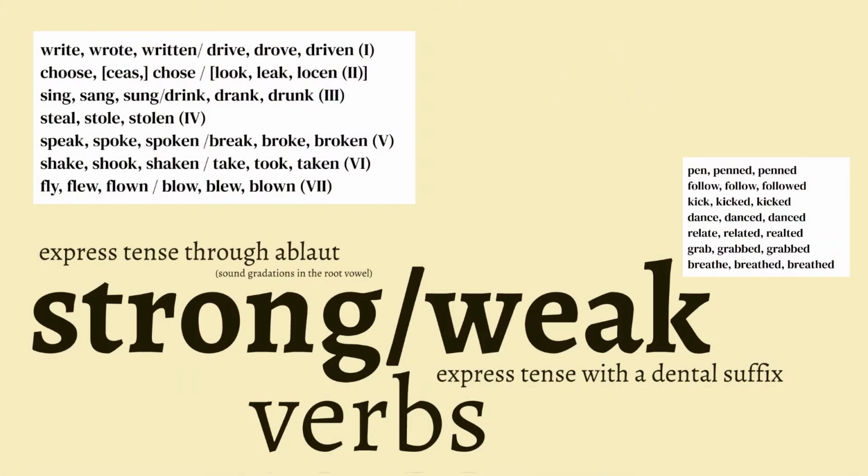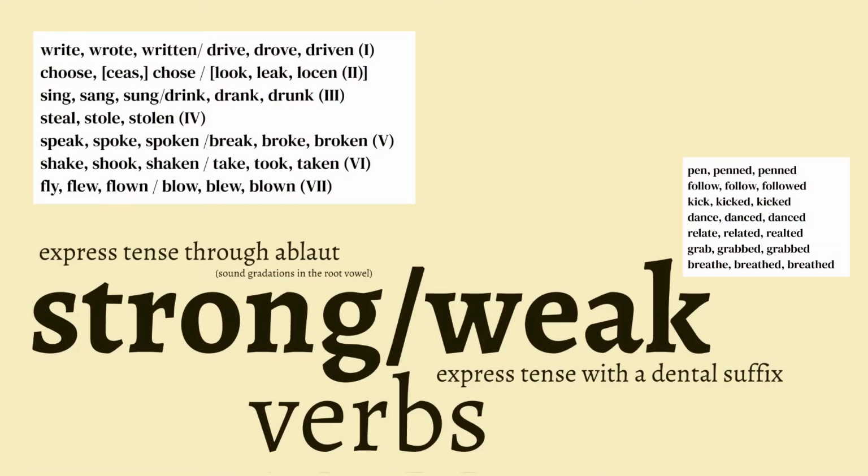But anyway, Dmitri threw the ball. Dmitri throws the ball. The ball was thrown by Dmitri. You see the threw to throw, the root vowel changes. If any tense shift is marked by any root vowel change, we call that a strong verb.